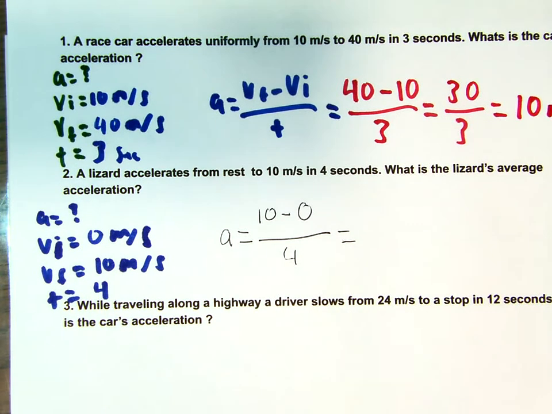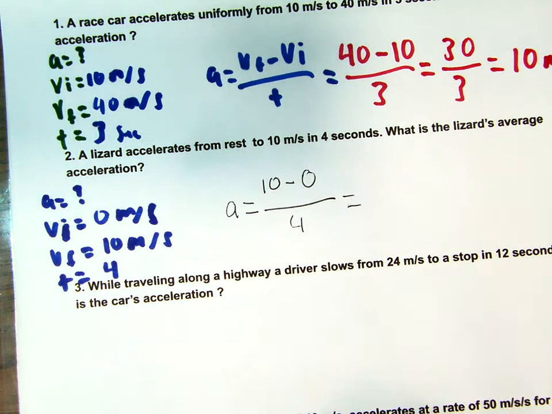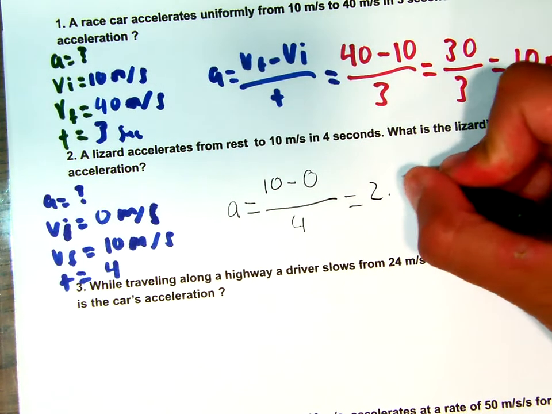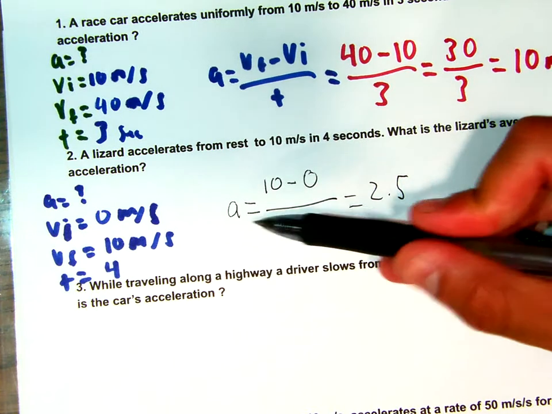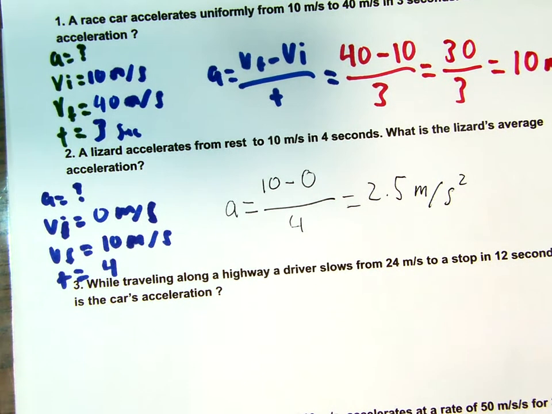I can go ahead and put that in my calculator, so you don't have to do the math in your head. You can use a calculator for any of these problems. So 10 divided by 4 gives me 2.5. Again, acceleration, meters per second squared.